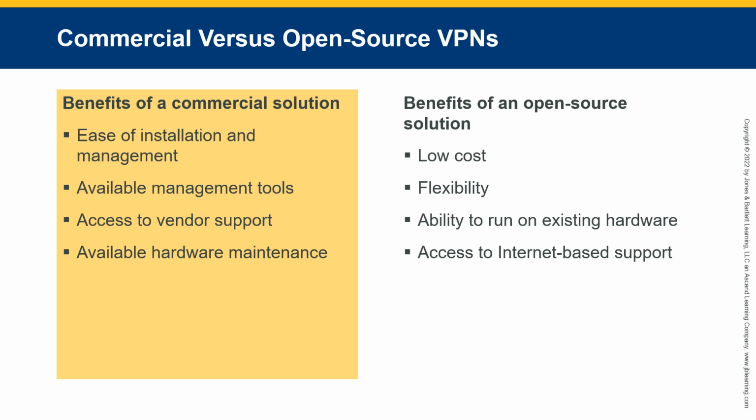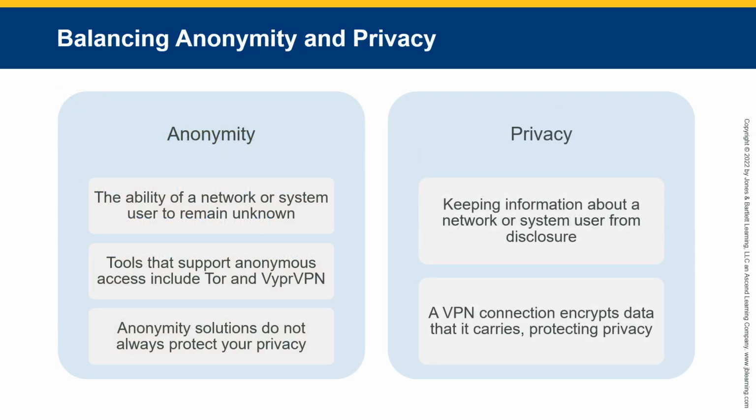You can customize it. You can run it on any hardware you can find. And you have access to internet-based support, i.e., you have to do search engine queries to see if somebody else has run into the problem, and they bother to publish their solution. You have to rely on the faith of others in the community. So these are some things out there.